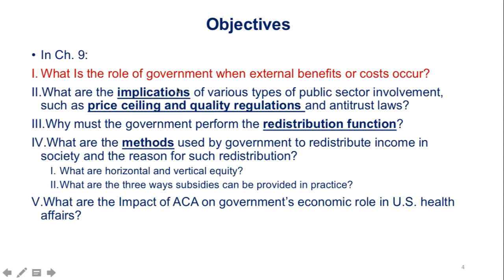We look at the implications of various types of public sector involvement, price ceilings and quality regulation, and also at the government's performance of the redistribution function and the methods of government involvement. And at the end of each chapter, we usually look at the impact of the Affordable Care Act on government's economic role in U.S.